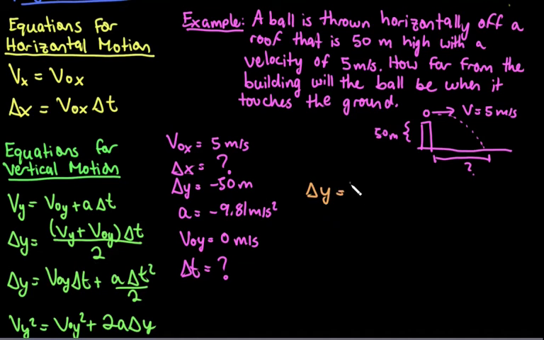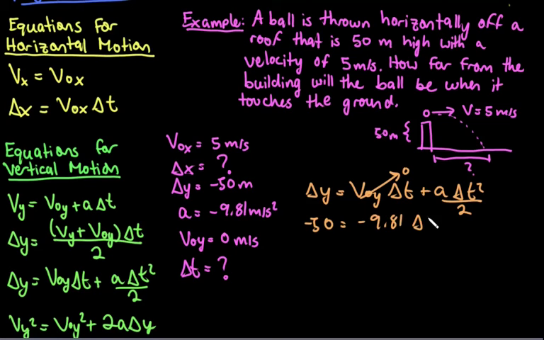Delta y is equal to v naught y delta t plus a delta t squared divided by 2. Since v naught y is 0, I can just cross that out and say it goes to 0. Then my negative 50 goes here, is equal to negative 9.81 delta t squared divided by 2.